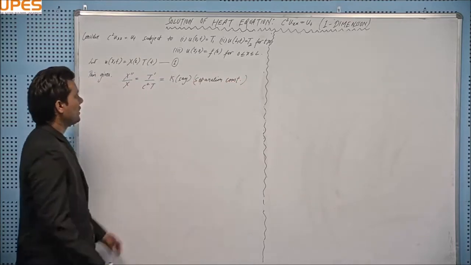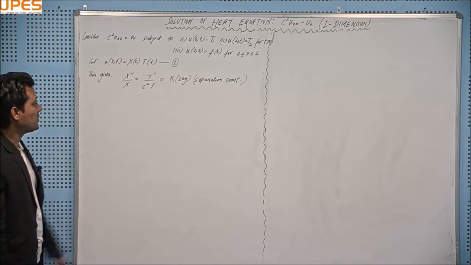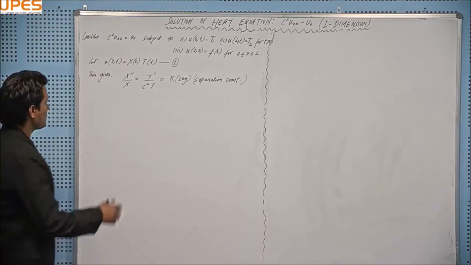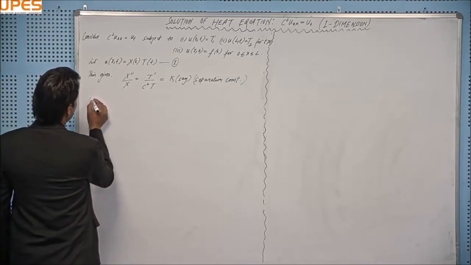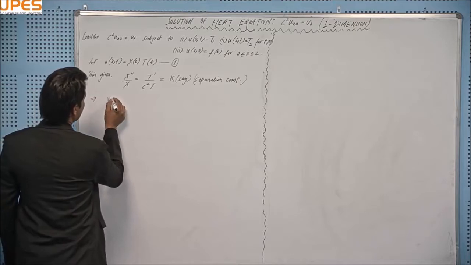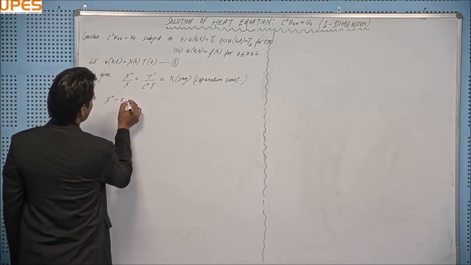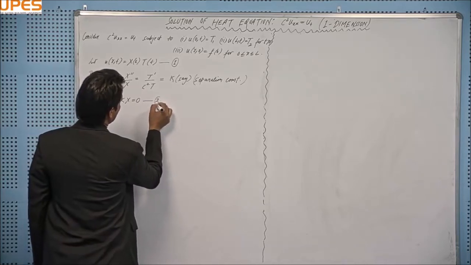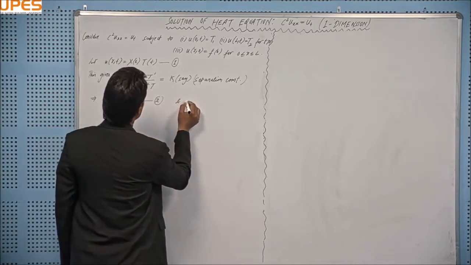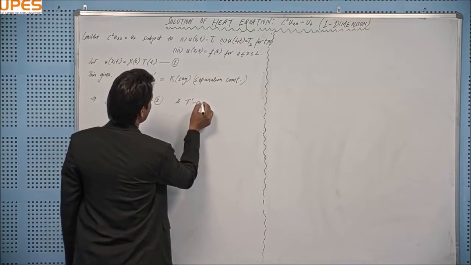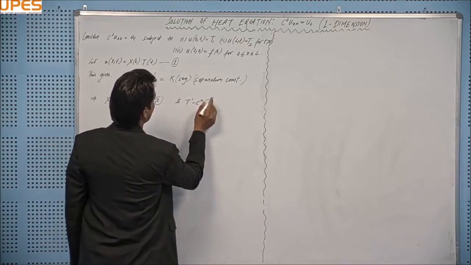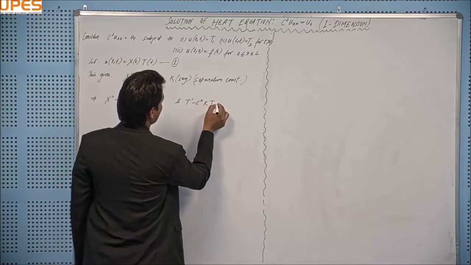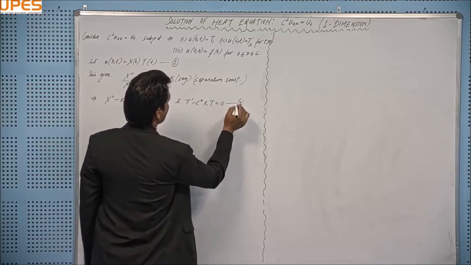Then this will give rise to two ordinary differential equations. The first will be X double dash minus kX equal to 0, this is equation number 2, and T dash minus c square kT equal to 0, equation number 3.